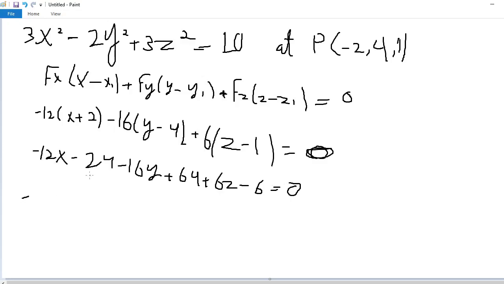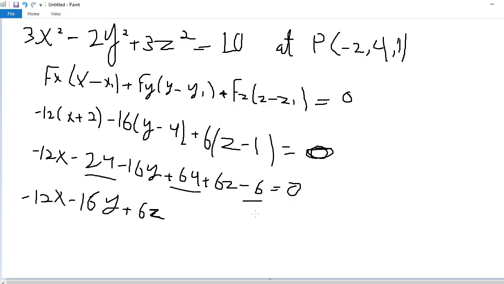So let's combine like terms. Let's write the x, y, and z first: negative 12x, negative 16y, then plus 6z.